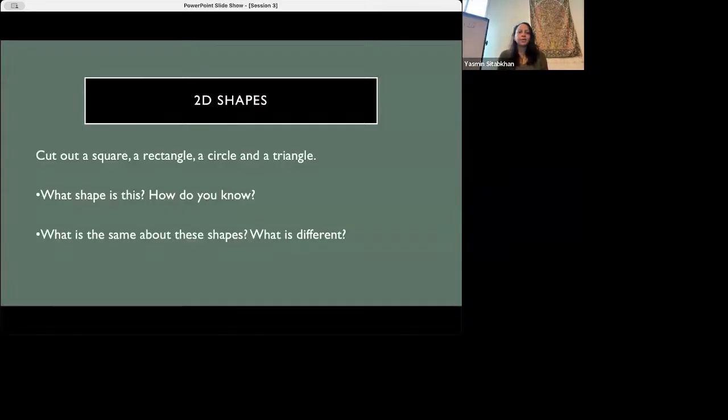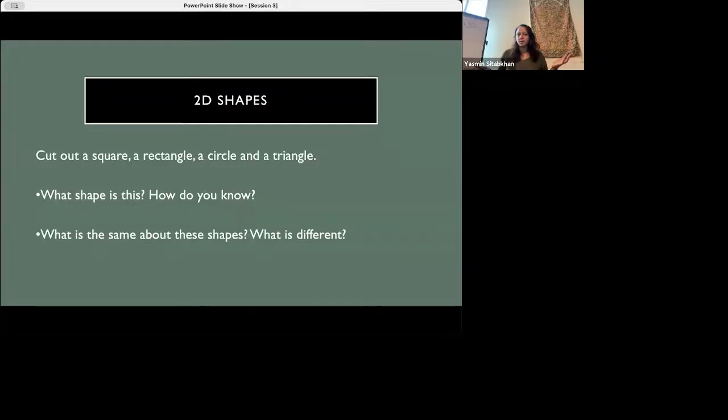So what we're going to do is talk a little bit about 2D shapes. I hope some of you have paper, pencil, and scissors to cut out a square, a rectangle, a circle, and a triangle.